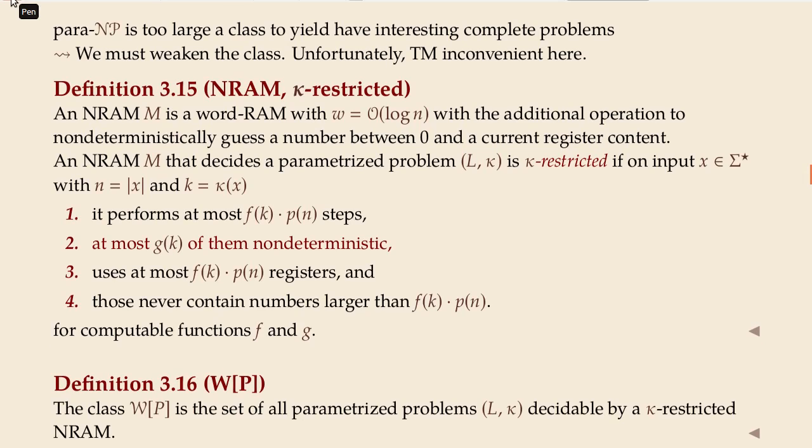Okay, if the class is too large, that means we should weaken the definition of the class. So you might recall para-NP was the class of all problems that can be solved by a non-deterministic algorithm whose runtime is bounded by the usual FPT thing. So a certain computable function of the parameter, which we don't know anything about, and a polynomial of the input size.